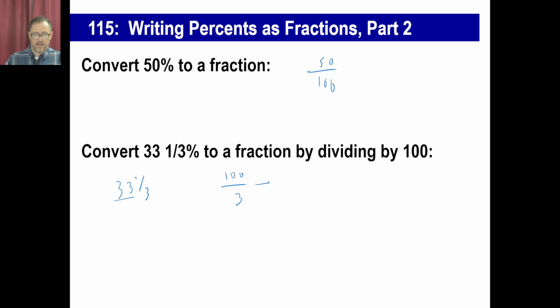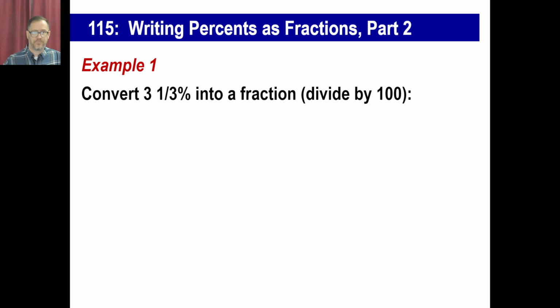And I'm going to divide by 100 over 1. Wait, if I divide a fraction, what's the method? You tell me. What do you do? Okay, so you're going to have 100 over 3 multiplied by 1 over 100. Now, of course, we just cancel that out. We have 1 on top, 3 on the bottom. Boom, there we go.